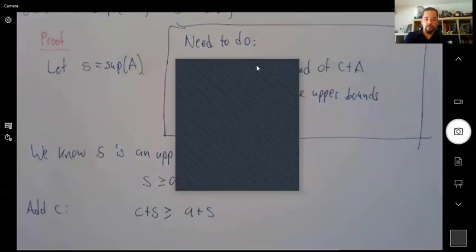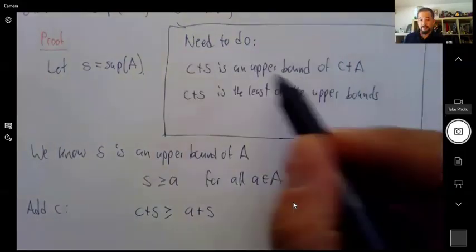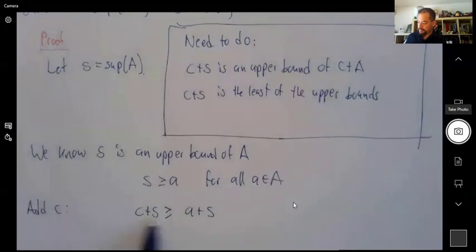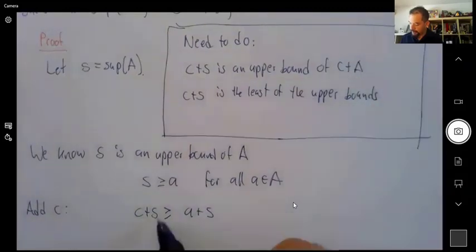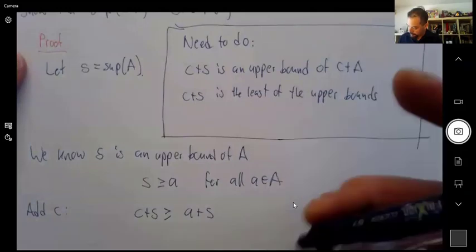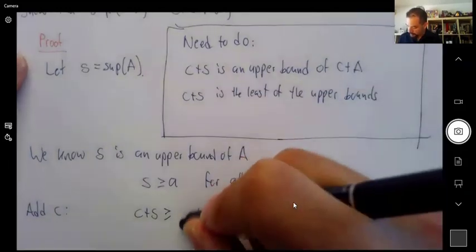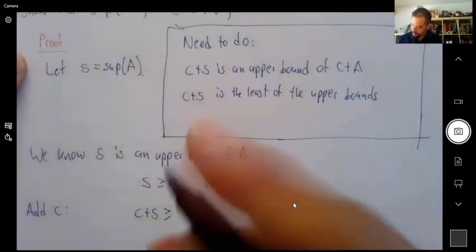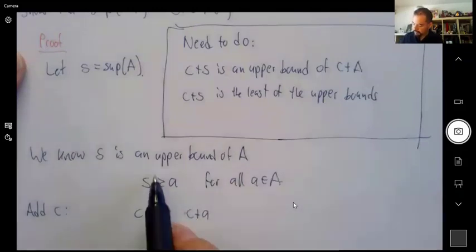So this establishes that it is an upper bound. This C plus S is bigger than any of the numbers, should be C plus A, right? We're adding C to both sides.